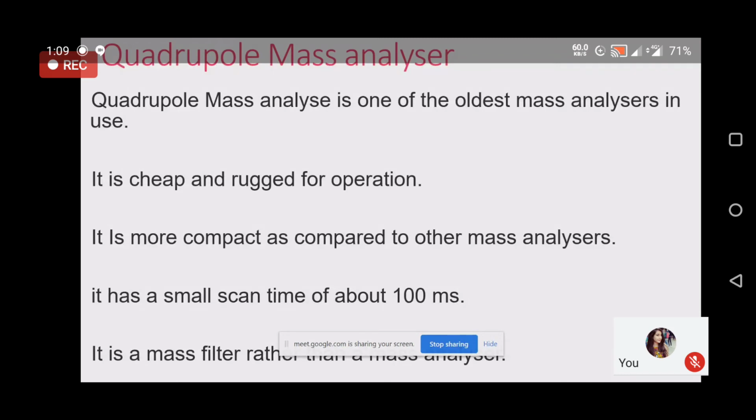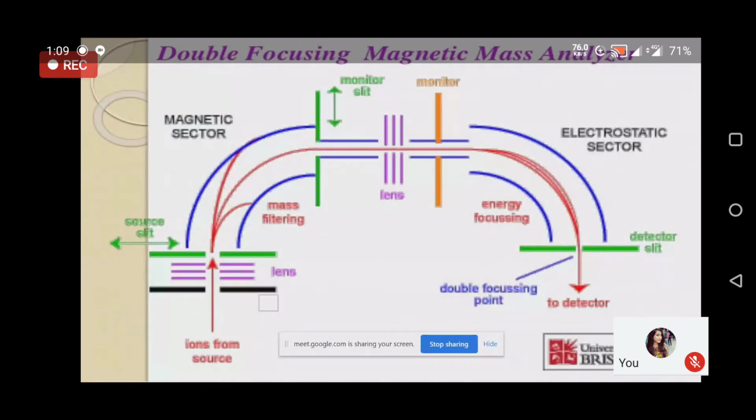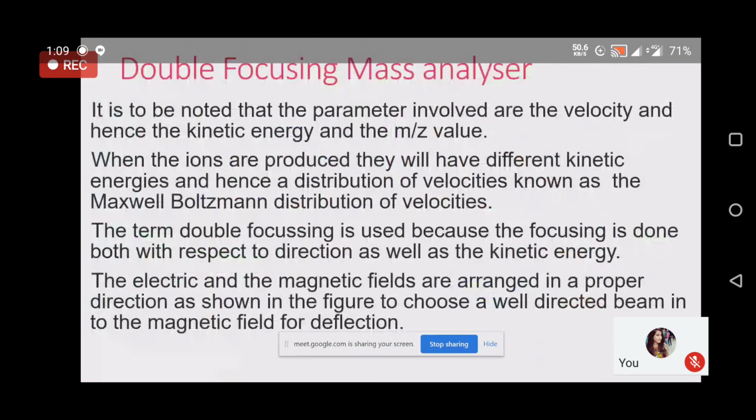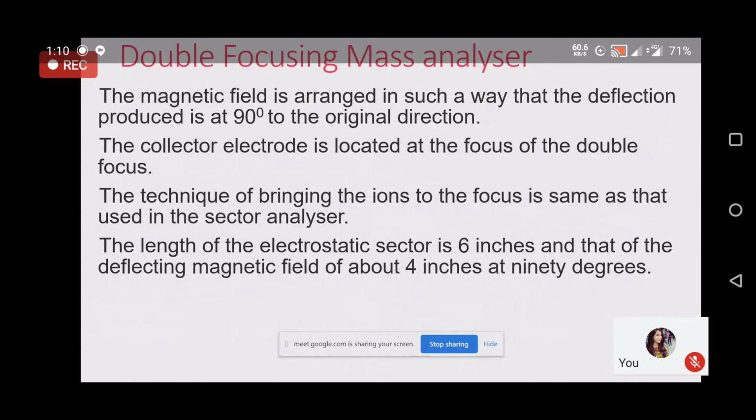Or if you want, I'll go back and show the diagram of the double focusing magnetic mass analyzer on the screen. Okay, any questions, queries, doubts about this?